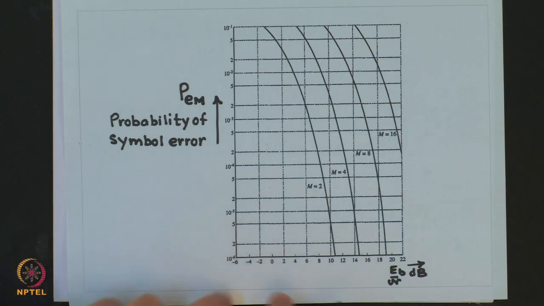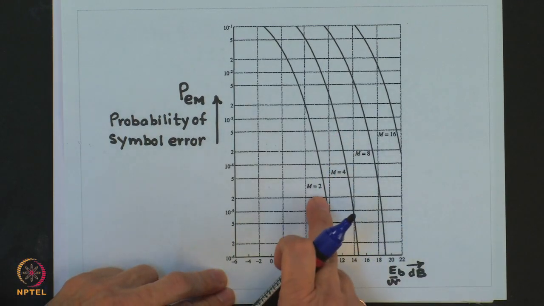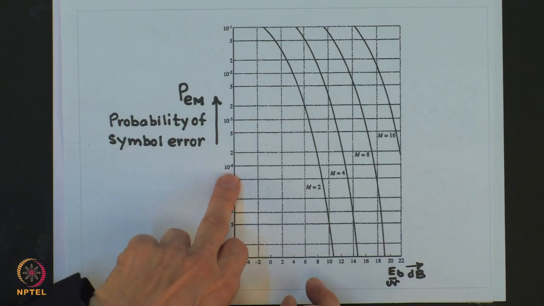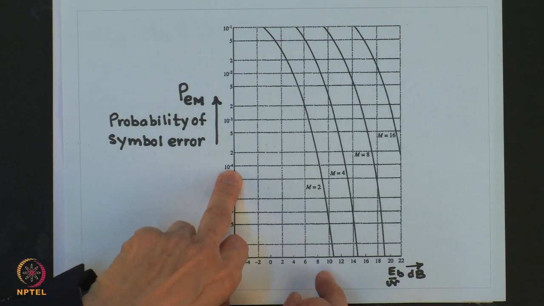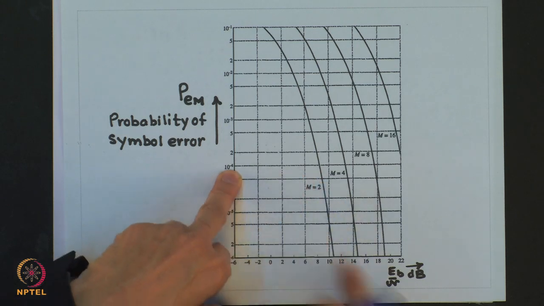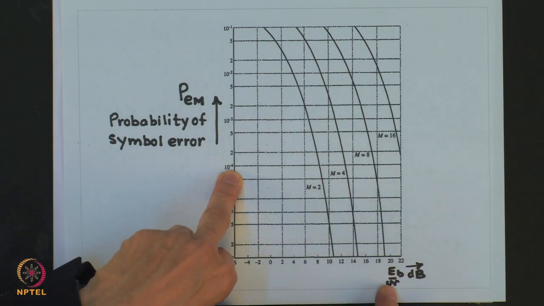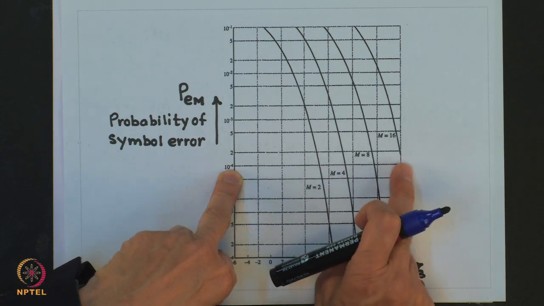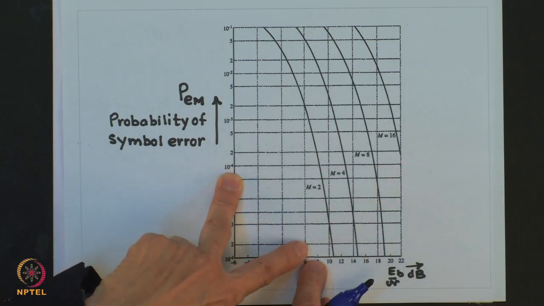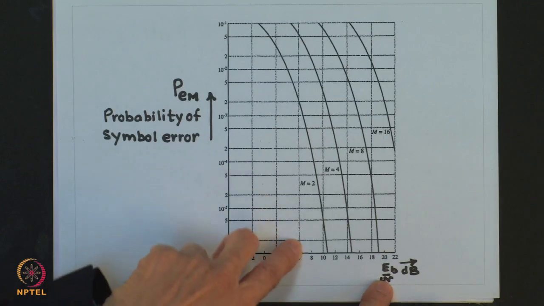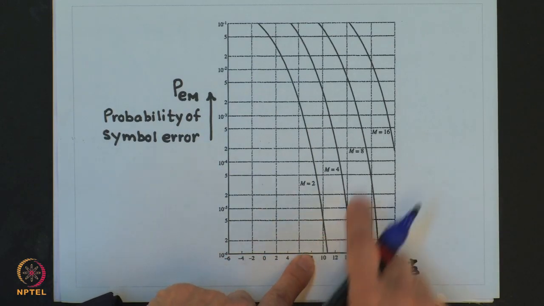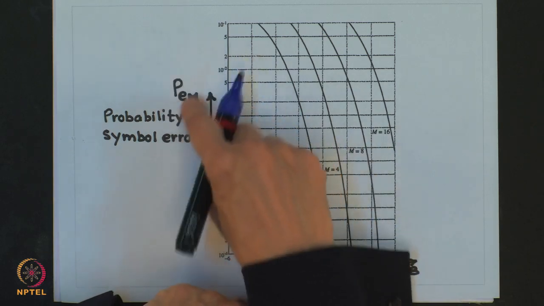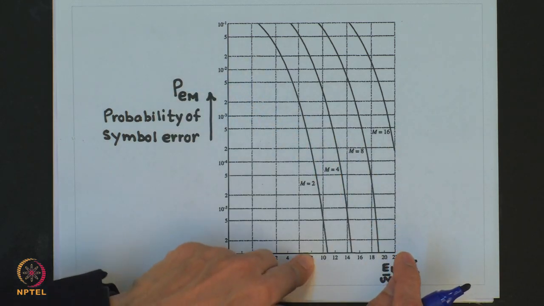So, this curve clearly shows that as M keeps on increasing, for a particular value of symbol error, the Eb by N0 ratio also keeps on increasing, or for the same value of Eb by N0, the higher the value of M, the probability of symbol error also increases.